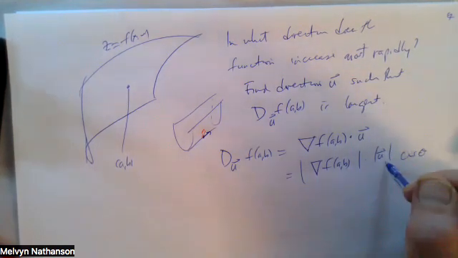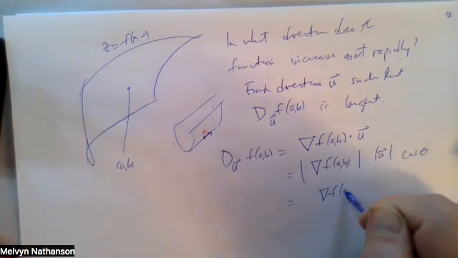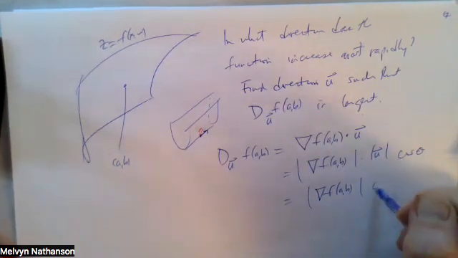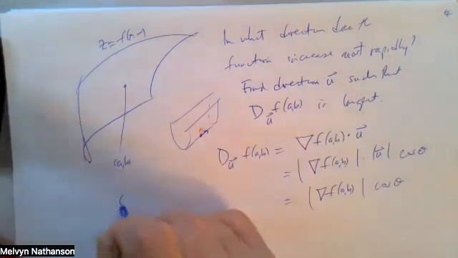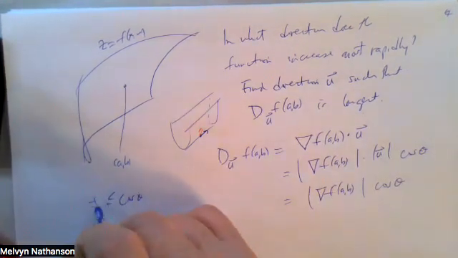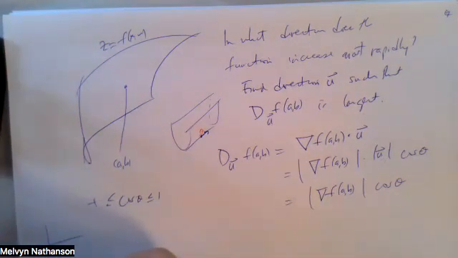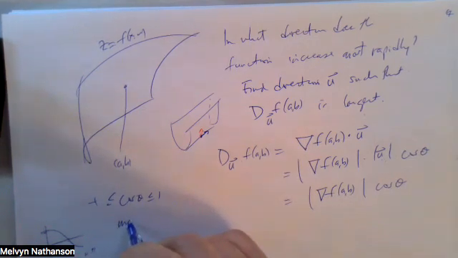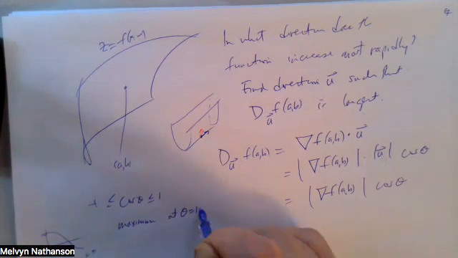But u is a unit vector, so the length of this is 1. So this is the gradient of f at a, b times the cosine of theta. Now, cosine of theta varies from minus 1 to 1. From 0 to 2 pi, cosine looks like that. And you have a maximum at theta equals 0.